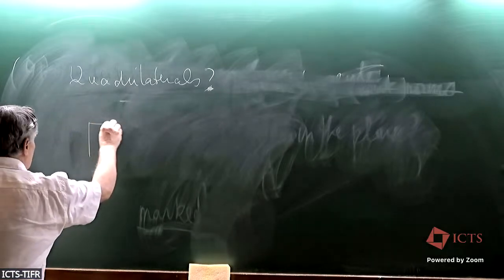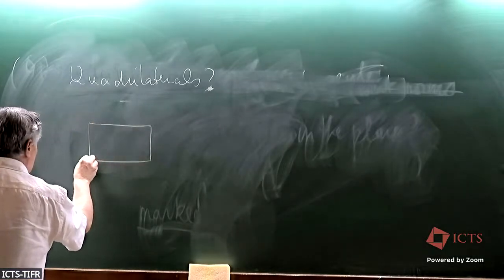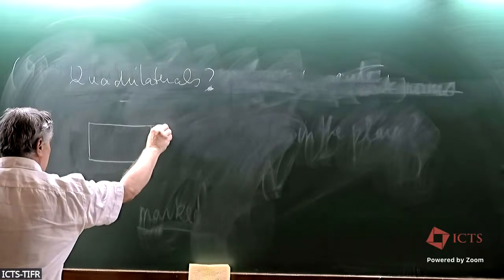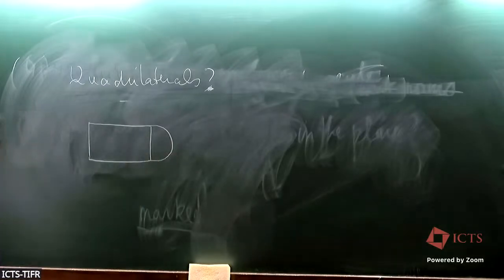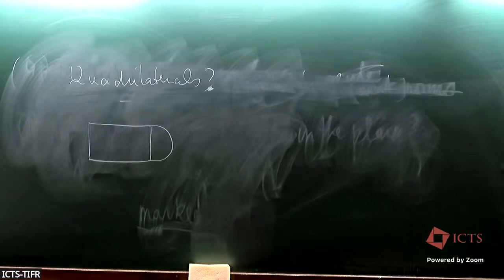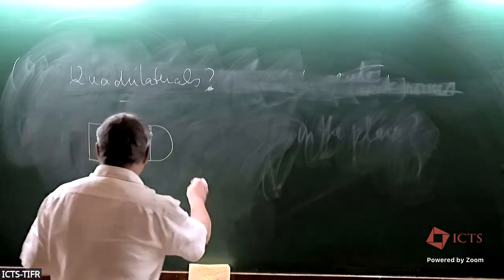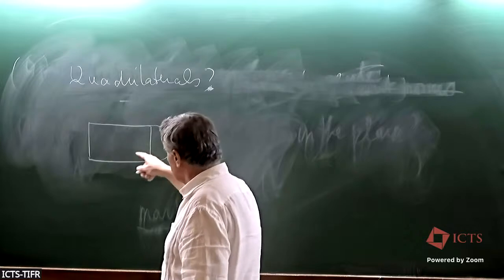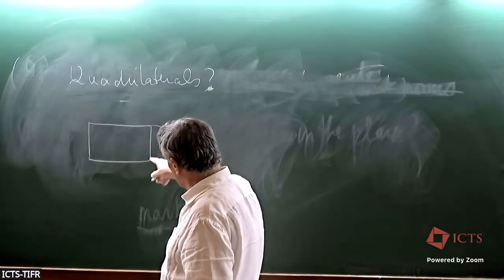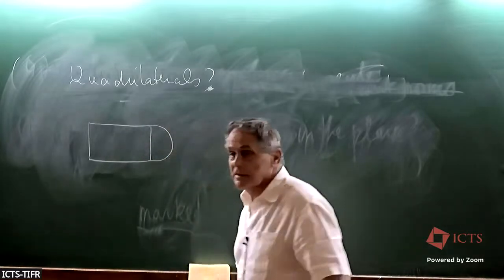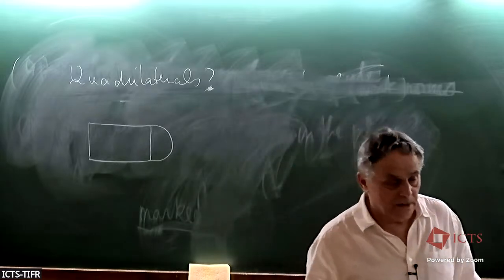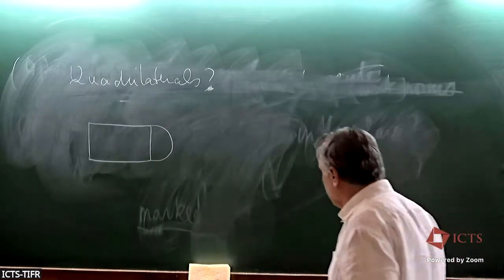Let's say I thought about this. So shapes like this, or you see, my space is a space of rectangles with a semicircle attached. I think this is a very good example.